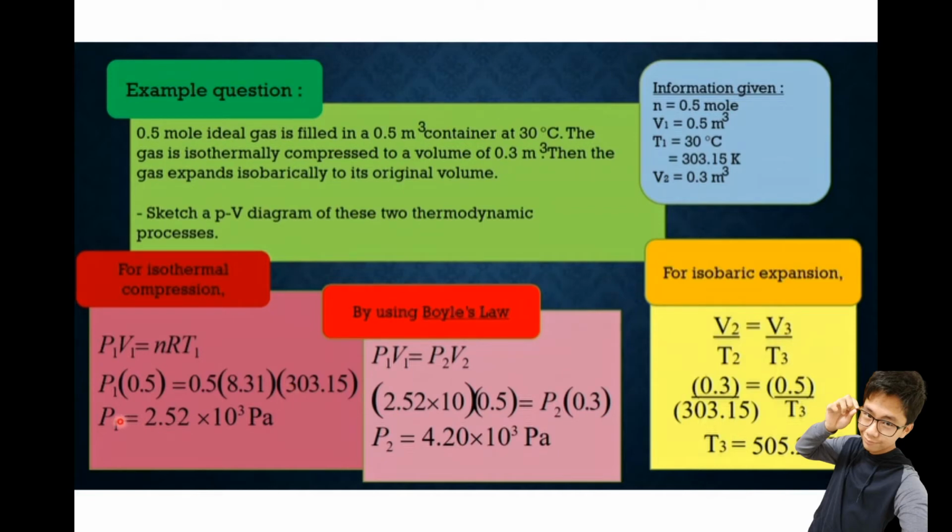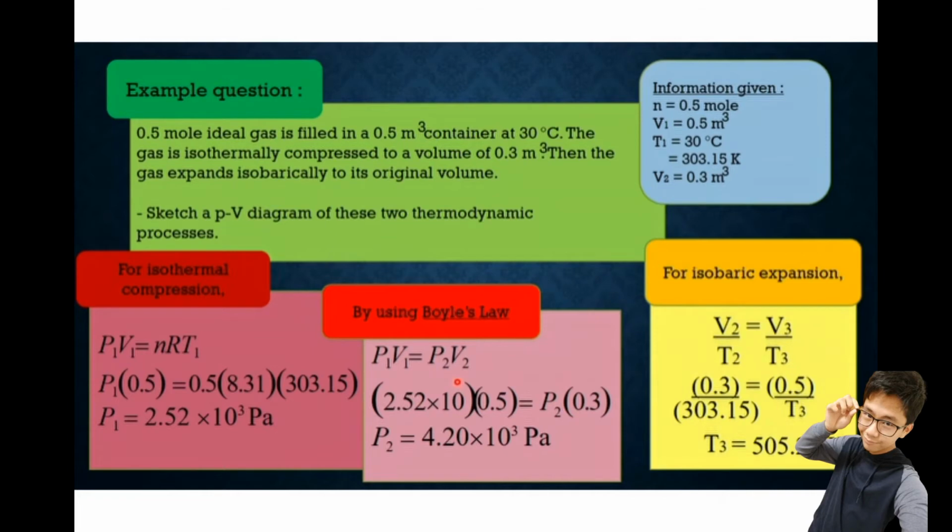Okay, and then we get the first pressure equal to 2.52 times 10 to the power of 3 Pascal. Then we can use this first pressure to find the second pressure by using Boyle's law. P1 V1 is equal to P2 V2.